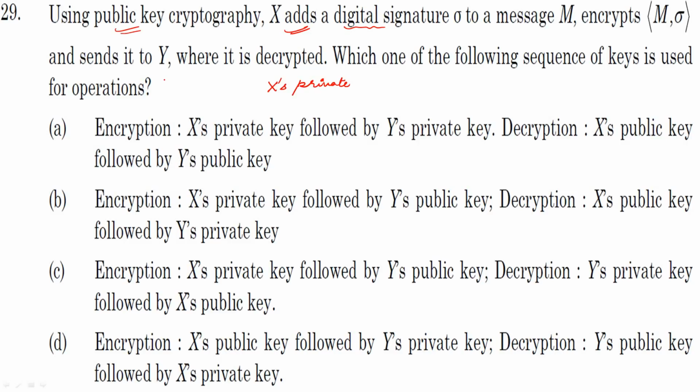So first X's private key would be used, and after that, using Y's public key, it would encrypt the message.